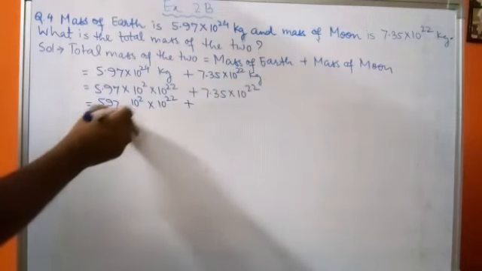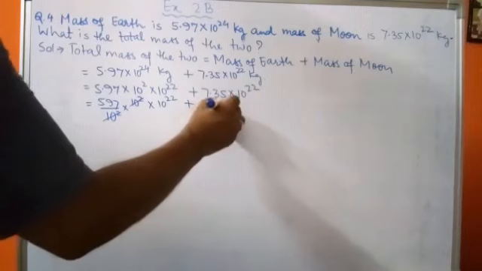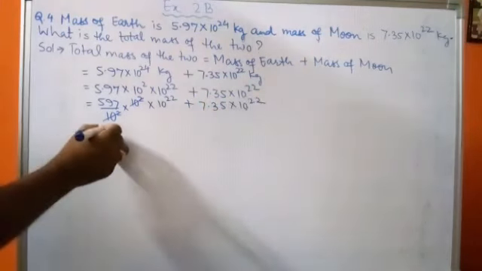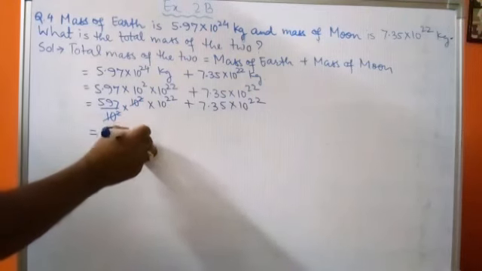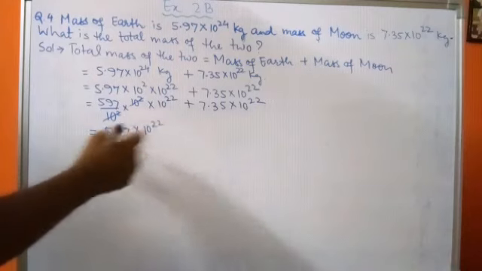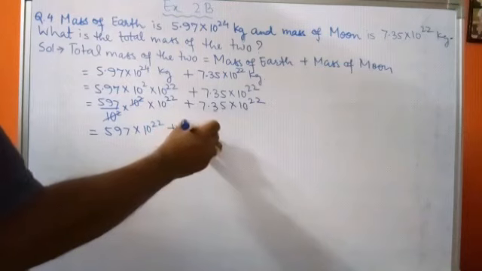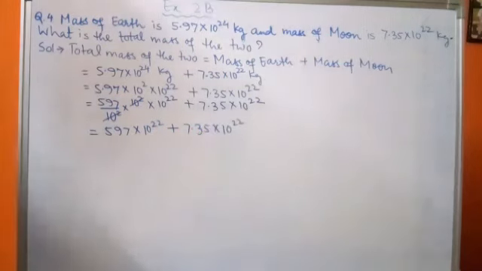This 10 to the power 2 and 10 to the power 2 are cancelled, and 7.35 is written as usual. Now in our next step, we see that 597 into 10 to the power 22 is the mass of Earth plus 7.35 into 10 to the power 22 is the mass of Moon. Now these two numbers have become equal in power notation.